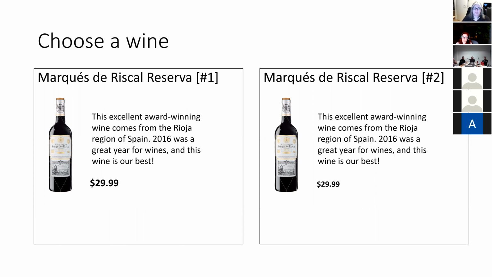If you were presenting some wines or anything, you may consider what the prices are, what the font sizes are. All of this plays into how people make these selections. And it's part of choice architecture.